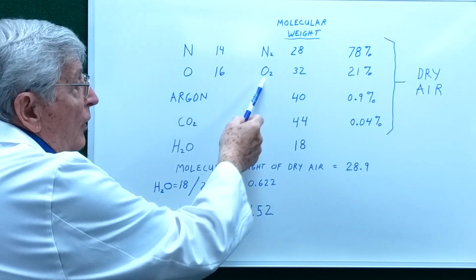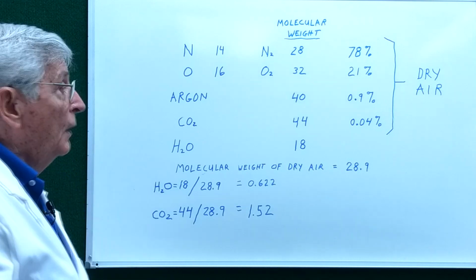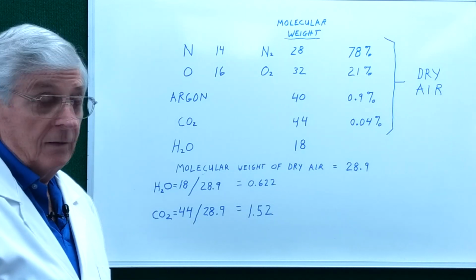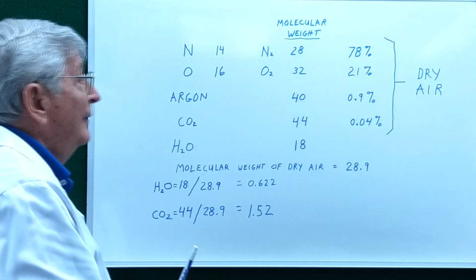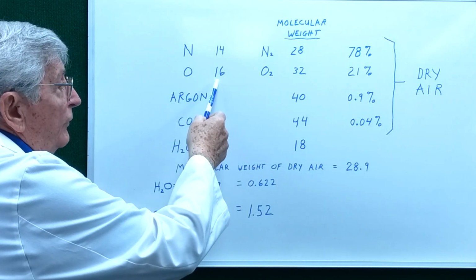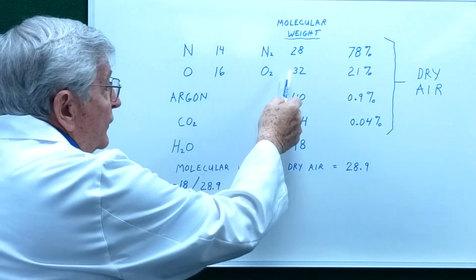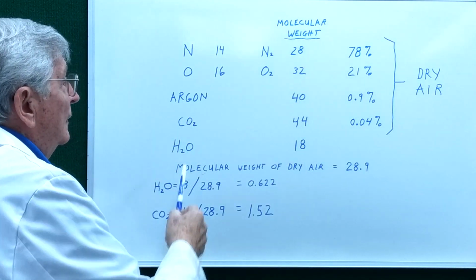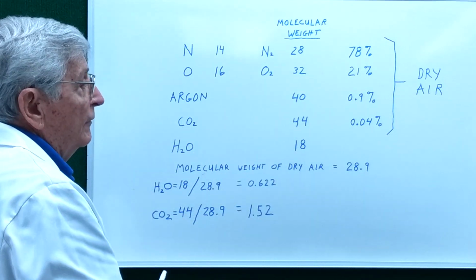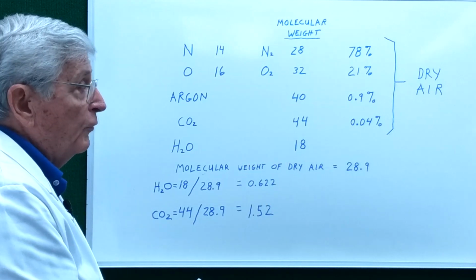It's the same way for oxygen. Oxygen atoms like to stick together. So the molecular weight of one oxygen atom is 16, but O2 is 32. Argon has a molecular weight of 40, and CO2 comes out at 44.